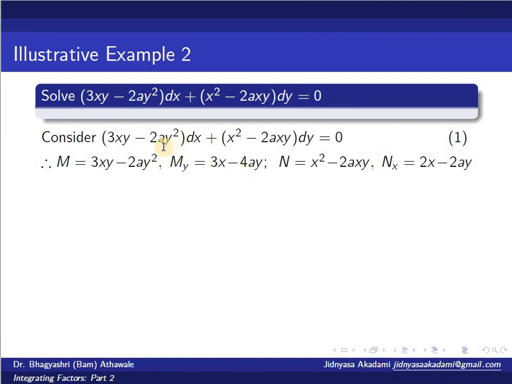As it is, that difference is not divisible by m or n. But in n, if you take x outside, you can write our n as x into bracket x minus 2ay, and that bracket is the same as the difference. And that's why we can divide by n and we are getting a function of x. So we are applying rule 1.